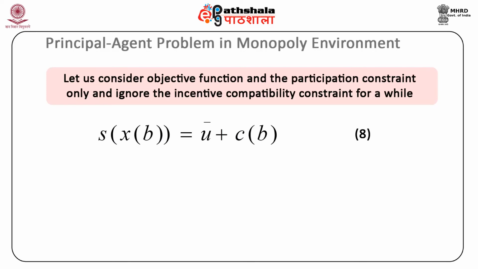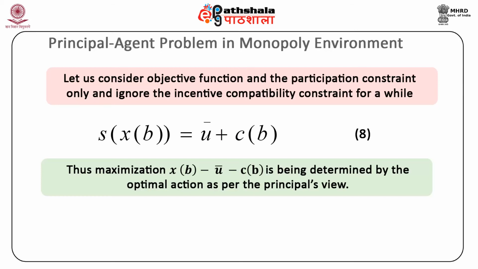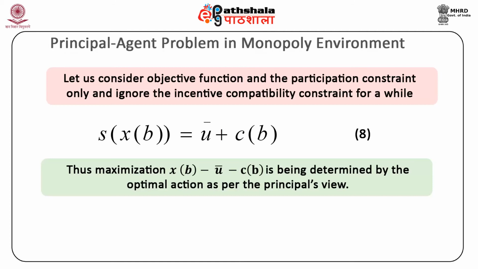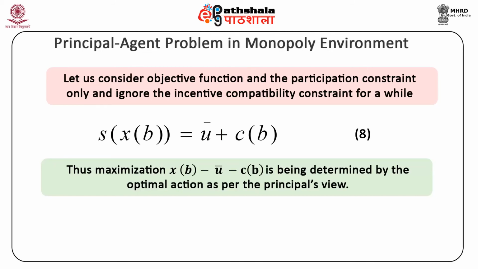This is condition 8. Thus, maximization of x(B) minus U bar minus C(B) is determined by the optimal action as per the principal's view.